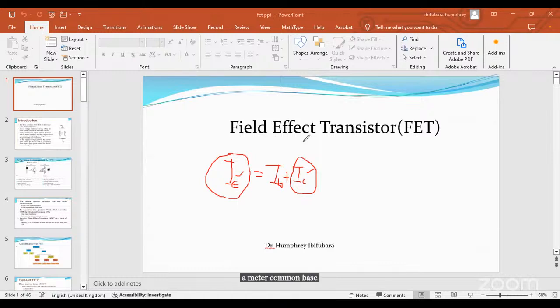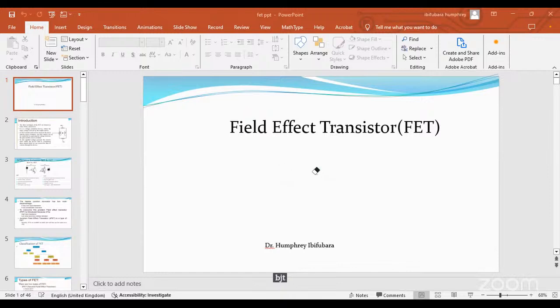So the input current always determines what happens at the output. That is for BJT, but it's not so with FET. In FET, this time, it is voltage that controls the current.